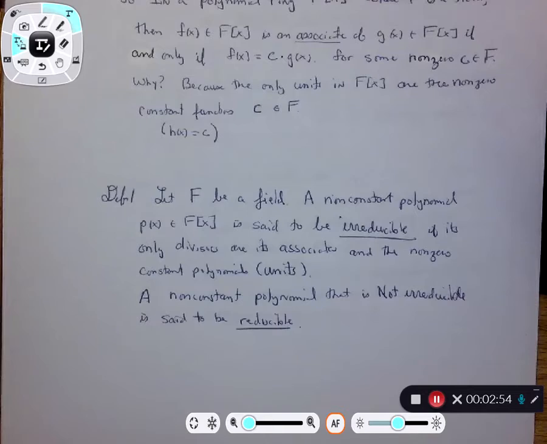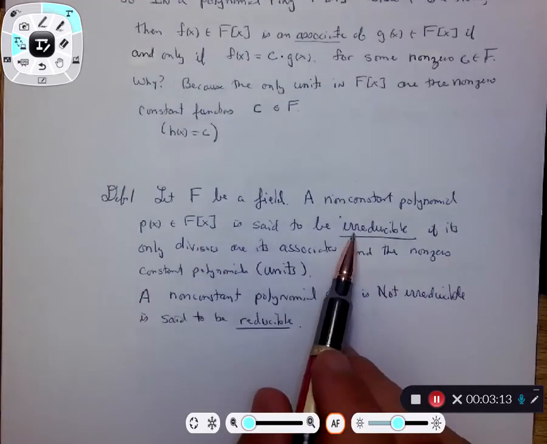Alright, let's talk about English here. What exactly is irreducible? An irreducible polynomial, in English, is a polynomial that can't be factored. But everything can be factored, right, in terms of pulling out a constant. We don't care about pulling out constants.